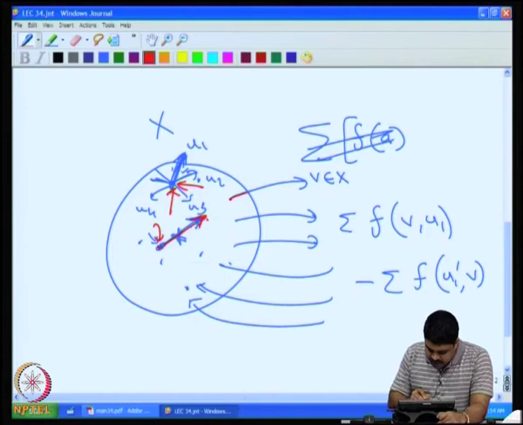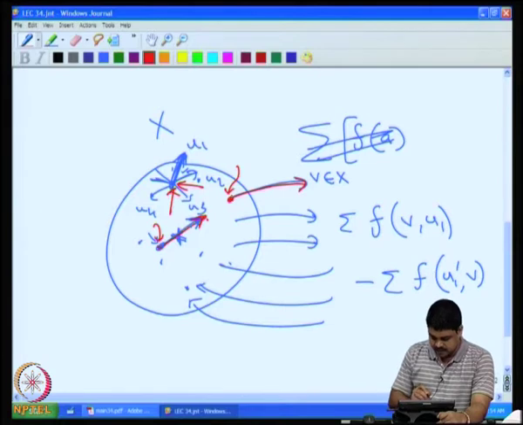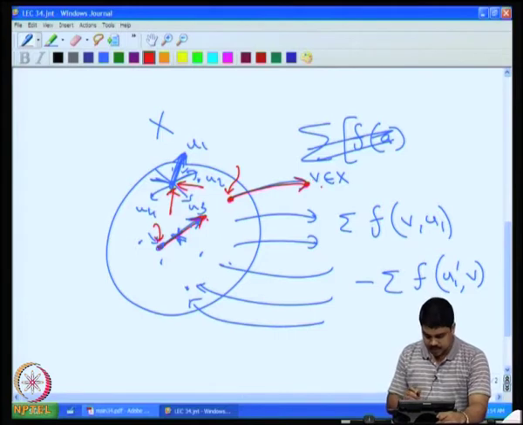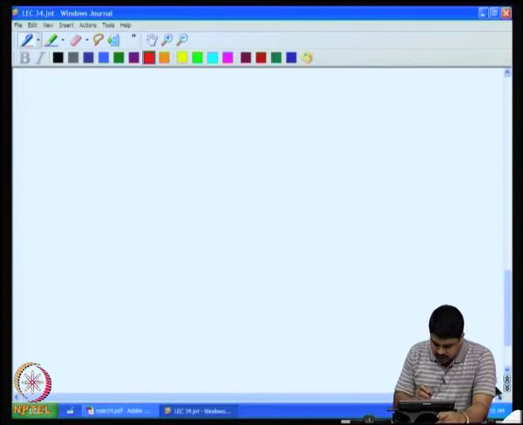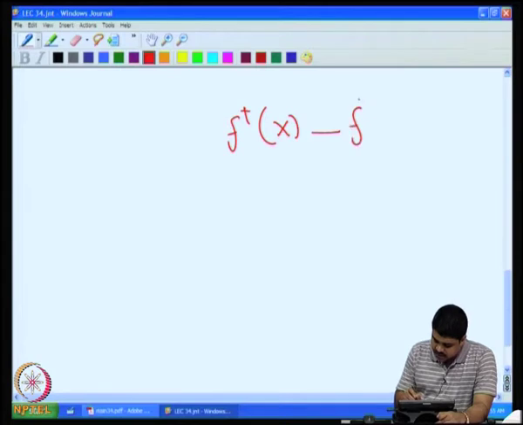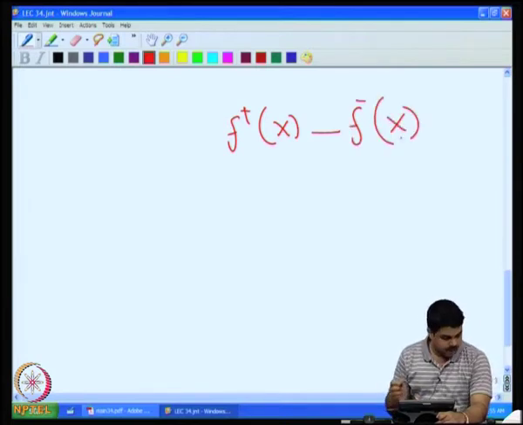But if I consider this edge, it will be in the positive term of this vertex, but because the other vertex is not in X, the negative term is not added. So, this will remain. Similarly, if I consider this incoming edge, this will be in the negative term. So, finally, when I sum over all vertices, what remains is f plus of X minus f minus of X. This is what will remain.